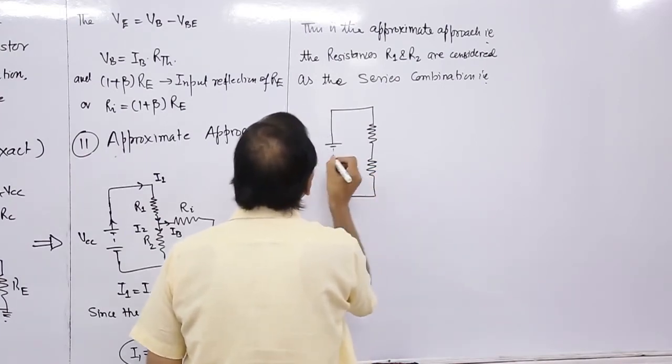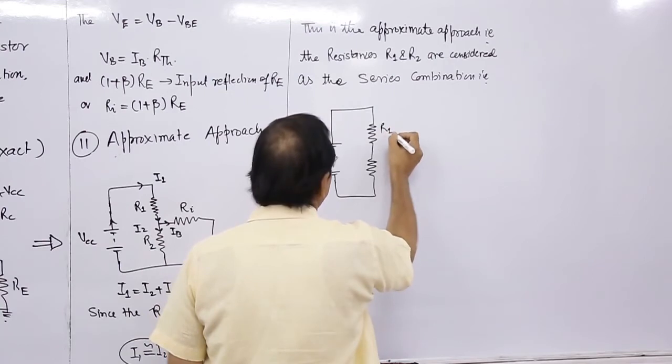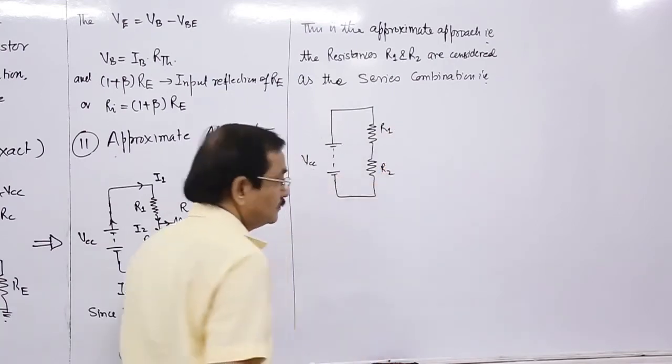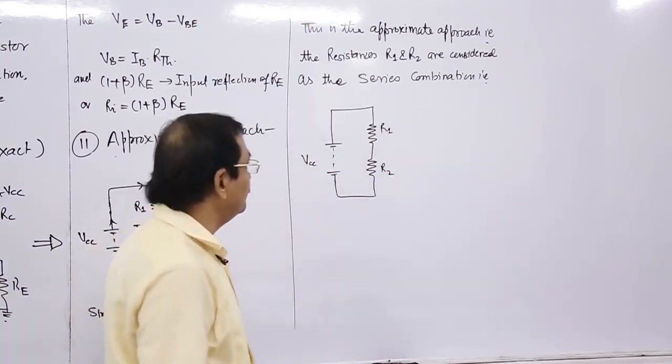This is VCC, this is R1, this is R2, this is the series combination.